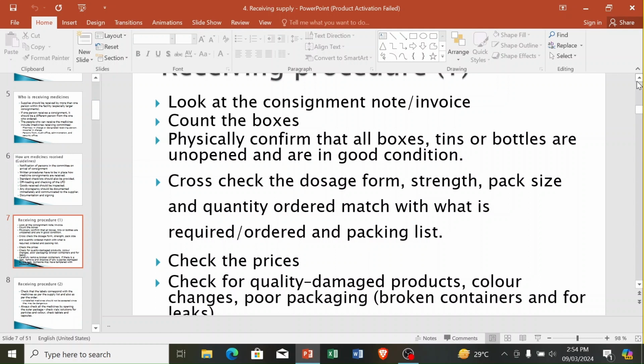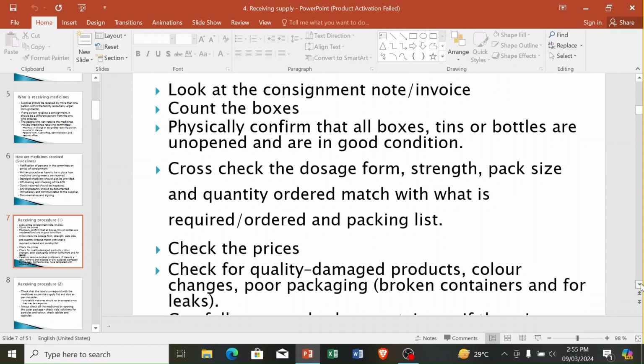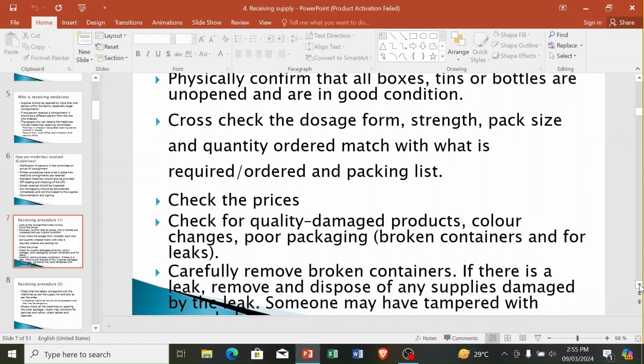Cross-check that the dosage form, strength, pack size, and quantity match what was ordered and the packing list. Check the prices, check for quality, damaged products, color changes, and poor packaging. Those are things we have to check carefully.